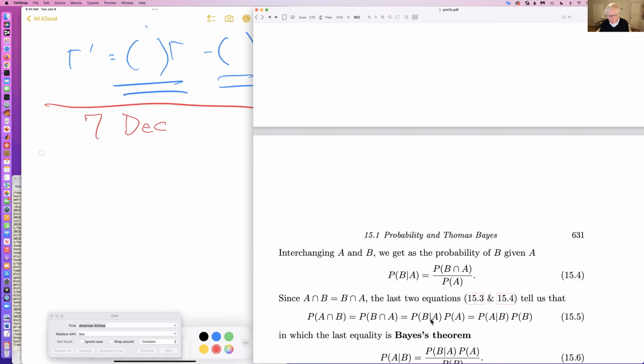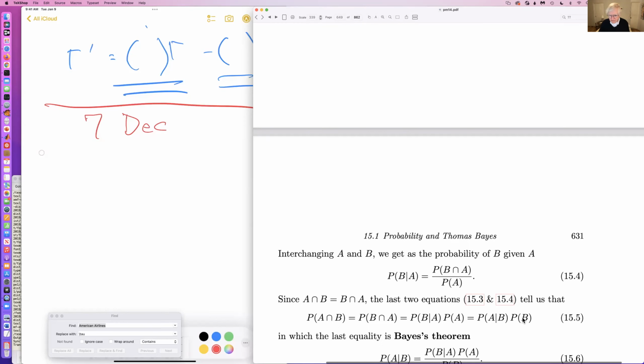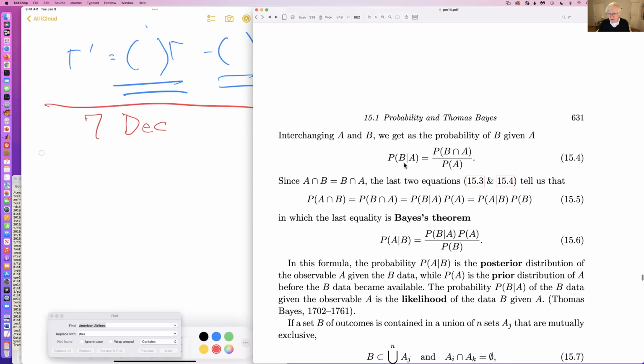Either way, it's probability of B given A times probability of A, and it's also equal to the probability of A given B times the probability of B. Now, this last equality is Bayes' theorem, and that's that the probability of A given B is the probability of B given A times the probability of A divided by the probability of B.